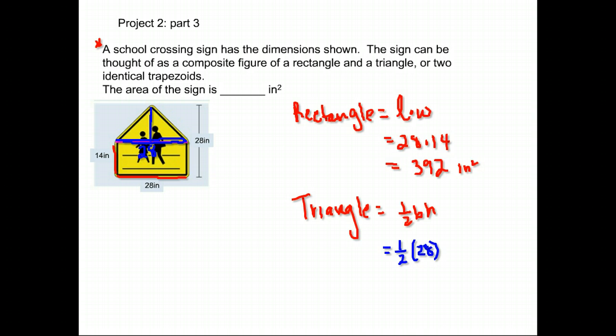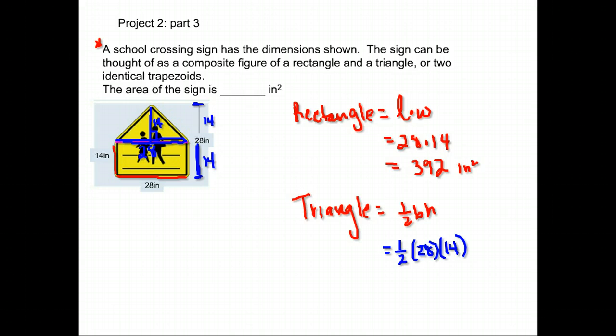The height needs to be this distance right here that's not labeled. But we know from top to bottom is 28, and this section of the rectangle was 14, which 28 minus 14 leaves us with 14 for the top half also. So the height of our triangle is 14, and we'll put that into our formula.